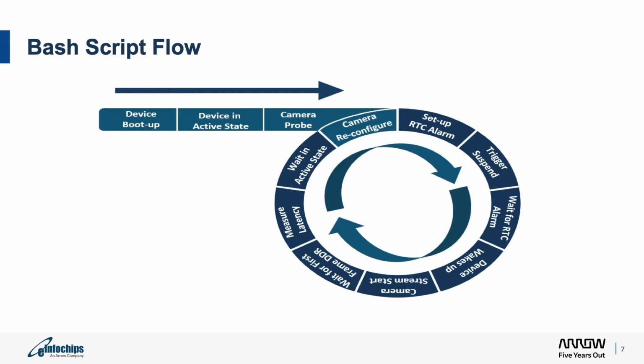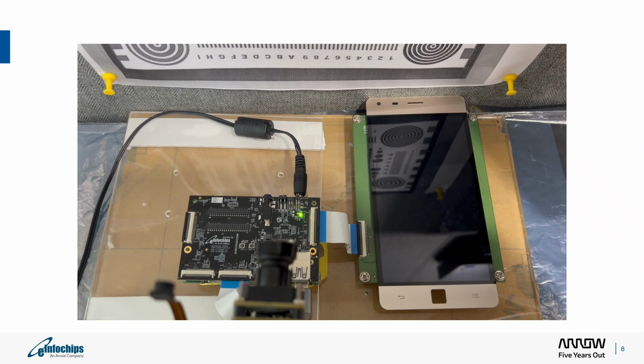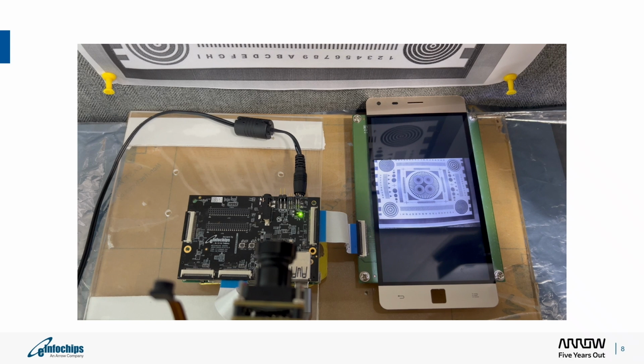The process then loops back to the camera reconfigure step, repeating the sequence of actions until the script stops externally. This loop allows the device to continuously monitor the camera, measure latency, and conserve power during inactive periods, ensuring efficient operation. To understand this better, here's a short demo showcasing the use case.